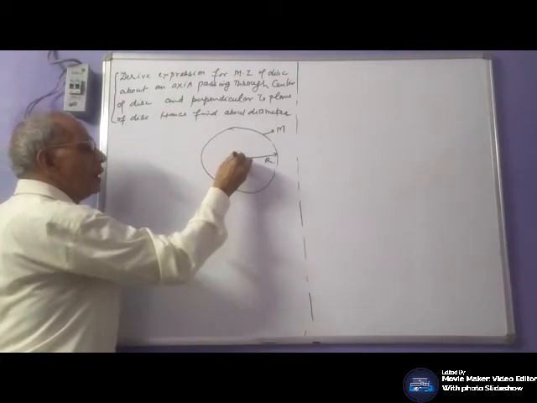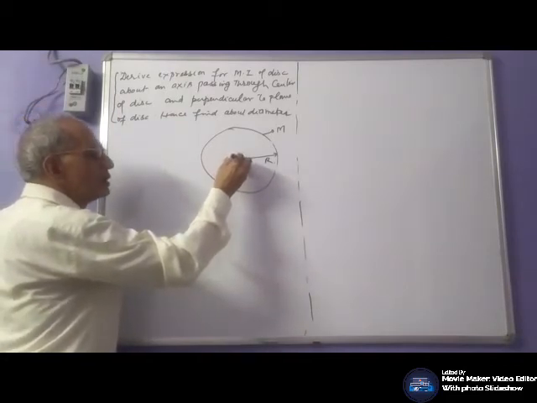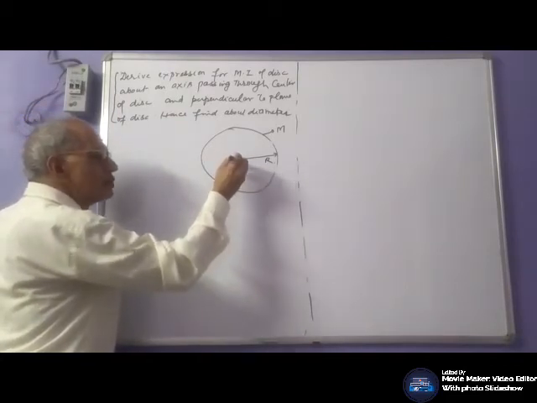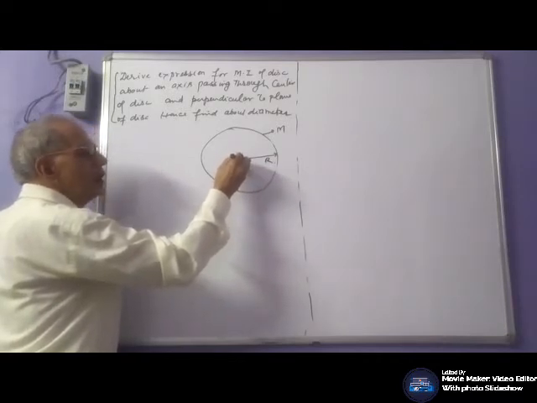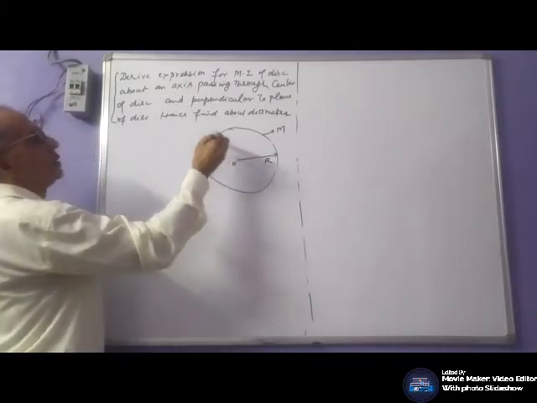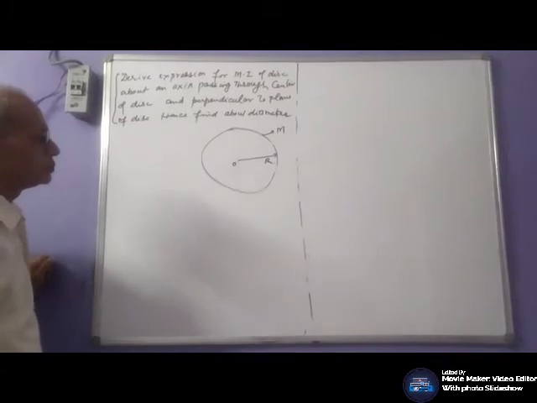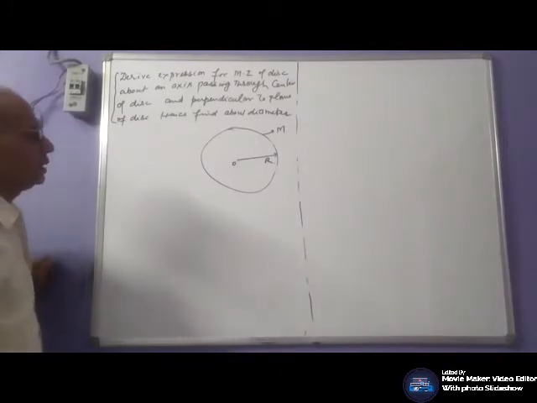We have to find moment of inertia about an axis which passes through center of disk and perpendicular to plane of disk. This means around this marker we need the MI of the disk. The marker is perpendicular on the board. This is the question. We have already done the ring.